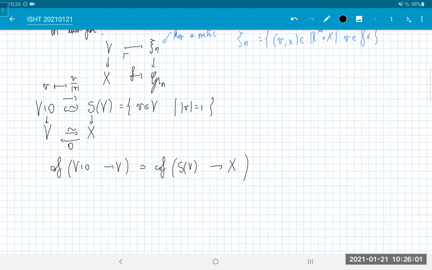And here I'm taking the mapping cone of this map. And I'm going to show you that this is exactly the one-point compactification. So remember, how does this work? Well, the cofiber is the mapping cone, so we can write it like this. Is this iterated push out.